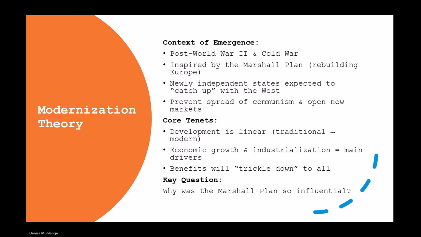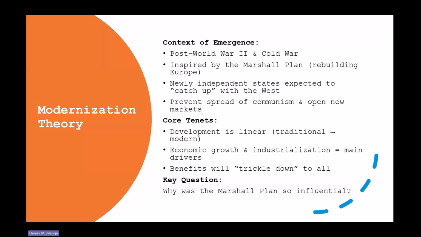Okay? So now, the success of the American Marshall Plan in rebuilding Europe. The modernization theory was inspired by the Marshall Plan in rebuilding Europe. Now, why am I talking about these things? The context of emergence, the history of it. We said it was formed after World War II and the Cold War.